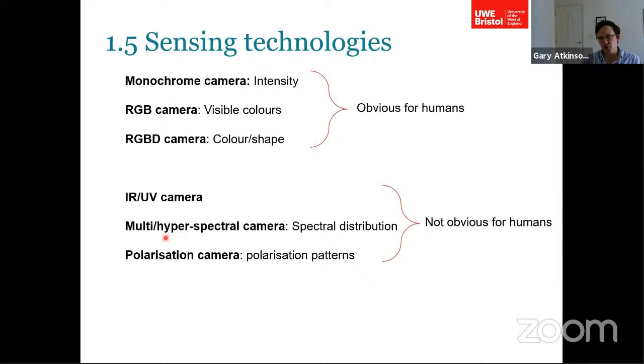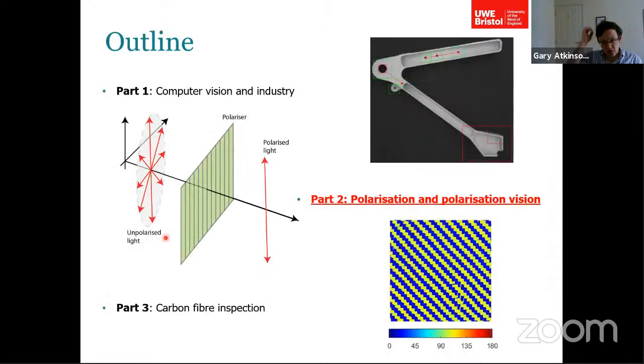In fact, there are a few animals that are sensitive, mostly marine animals, and also a few insects that make use of polarization patterns in the air or in the seawater. So we drew a little bit of inspiration from that, but mostly it's not necessarily inspired by nature. It's just something that computer vision hadn't really tapped into. So we posed the question, can we get something useful out of it? And that leads me on to the second part of the talk, which is about polarization and polarization vision.